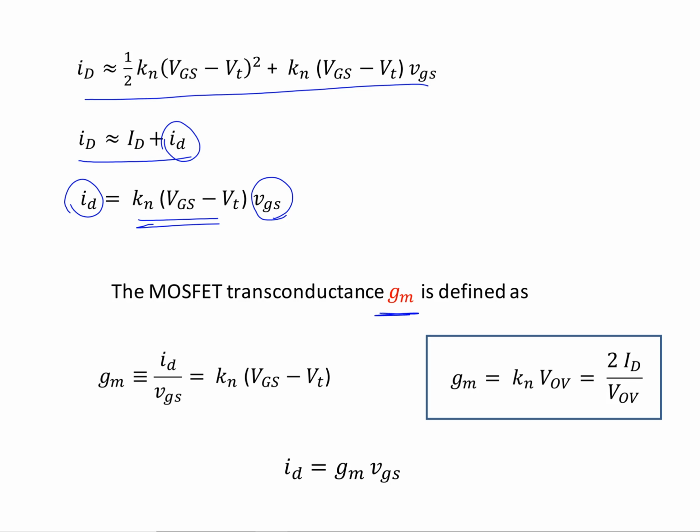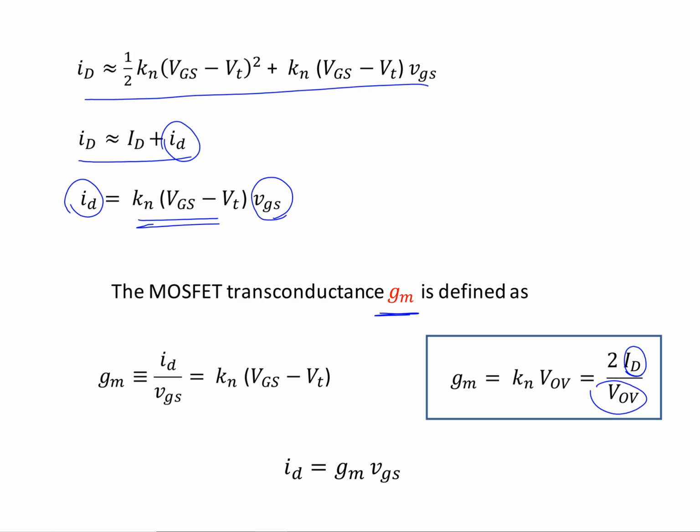So gm is defined as id over vgs, and it is equal to Kn times Vov, the overdrive voltage, which is the same as 2 times ID, the DC drain current, divided by Vov. Everything in this gm equation is DC. ID is the DC drain current, and Vov is the DC part of VGS minus the threshold voltage, which is also a constant voltage value.